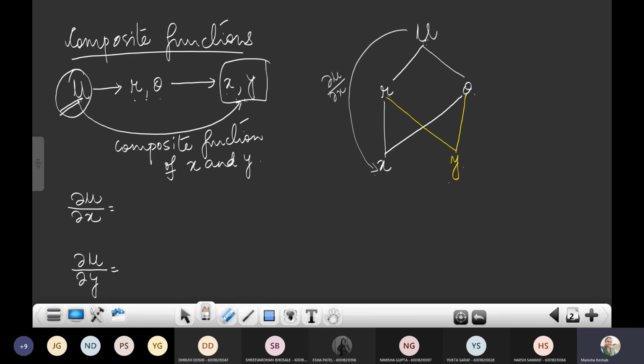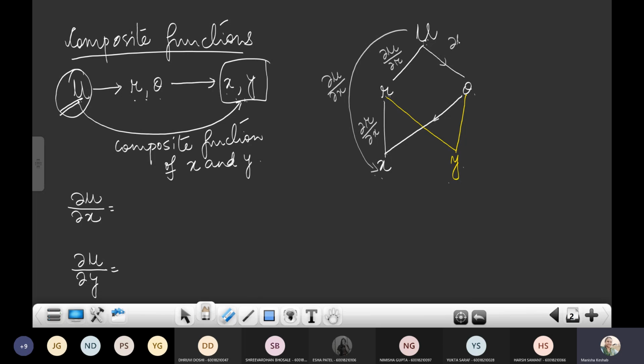Now to find del u del x, because r and theta both depend on x, we have to consider both r and theta here. So first we will find del u del r, okay? And then we will get here del r del x. But theta also depends on x. So via this path also you can reach x from u.